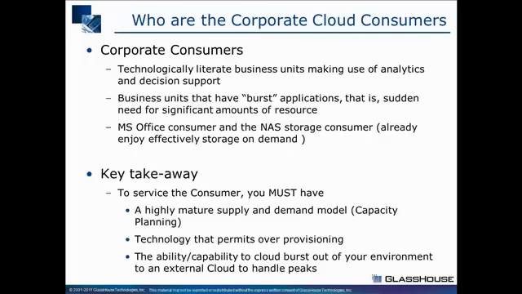And finally, as I mentioned before, having within your internal cloud approach the ability to burst out of that to handle peaks should be a major component of the planning process.